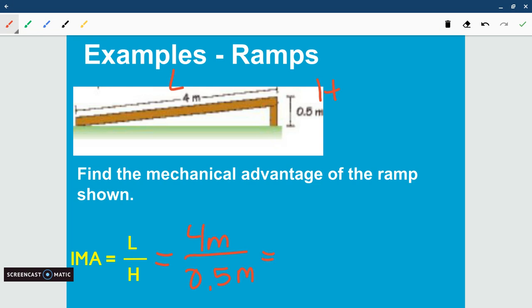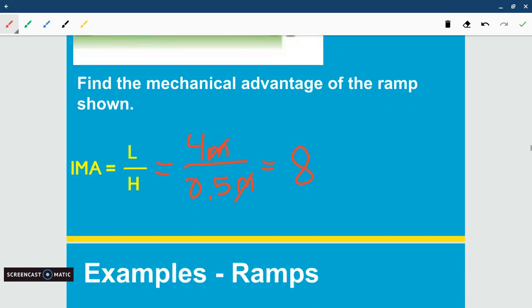And this will give me a mechanical advantage of 8. Which again, what that means is that I seem like I am 8 times stronger when I use a ramp that is this length. It would allow me to lift something 8 times easier than if I were to lift it straight up. Also remembering that there are no units because meters and meters will cancel out in this situation.